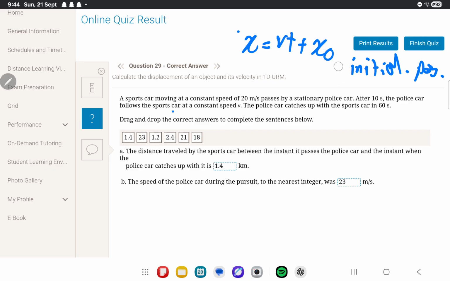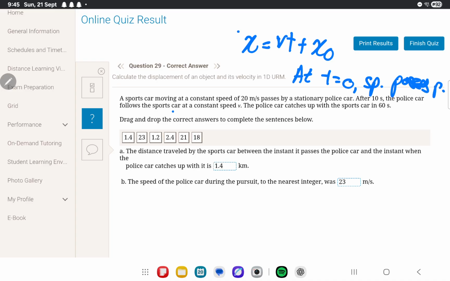Okay, so first of all, you let t equal the time since the sports car passes the police, right? So that means, okay, at t equals 0, the sports car and the police pass by each other. So the sports car passes by the police.